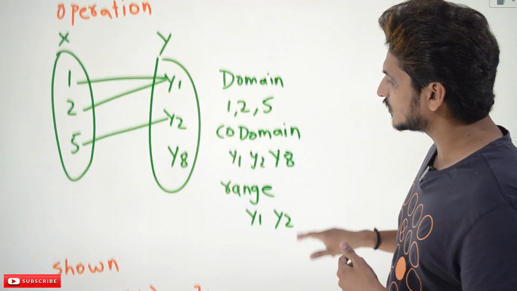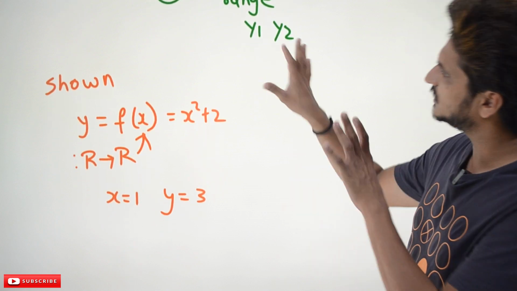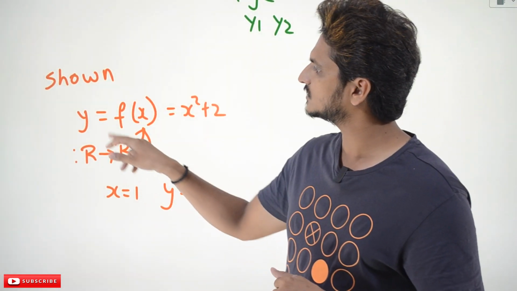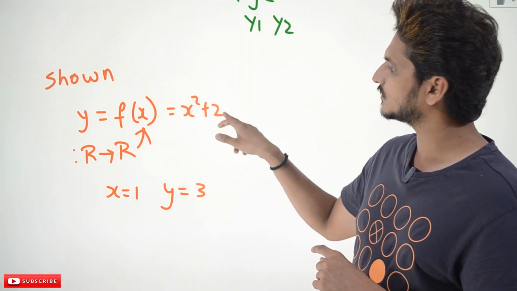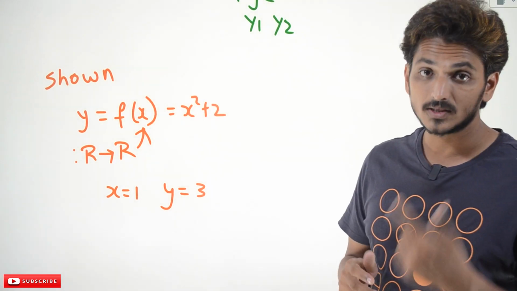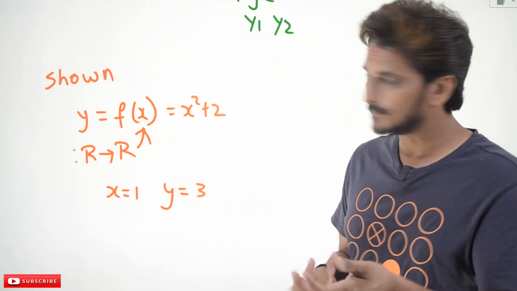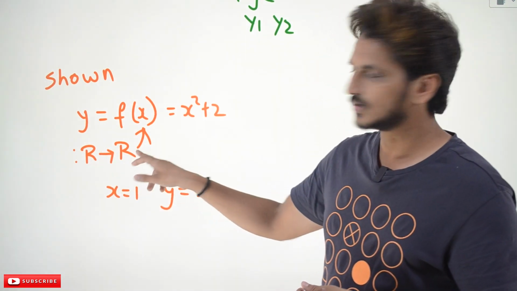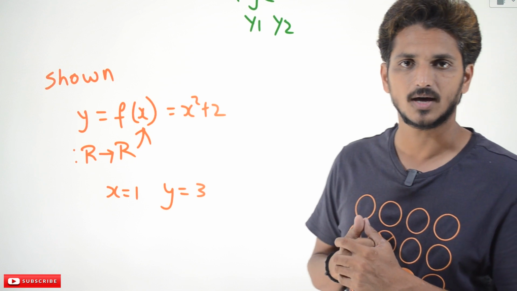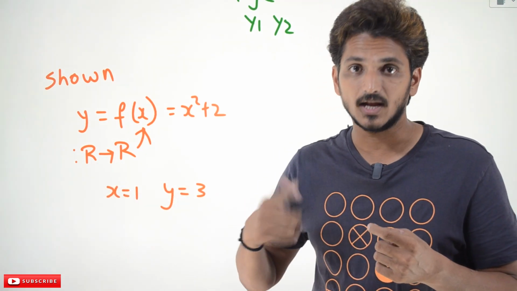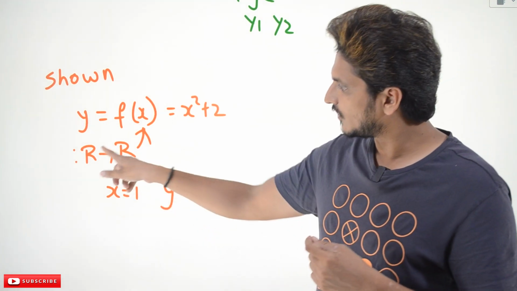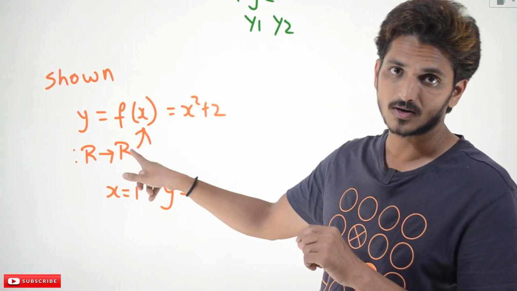Now the other way we are going to show functions is, not only this way, we can show functions like this: y is equal to f of x is equal to x square plus 2, on the mapping R to R, relation from R to R. Here R means the set of all real numbers. The set of all real numbers is mapped with the set of all real numbers.